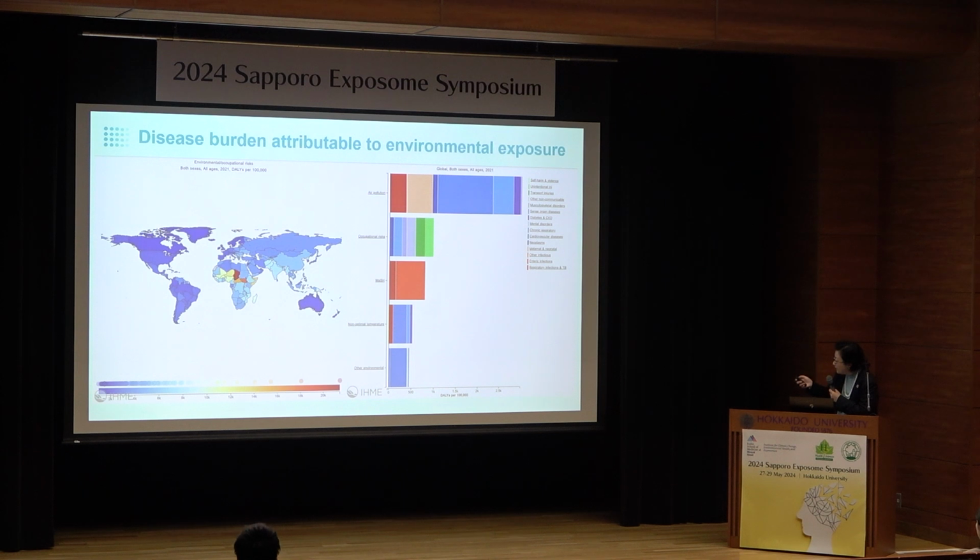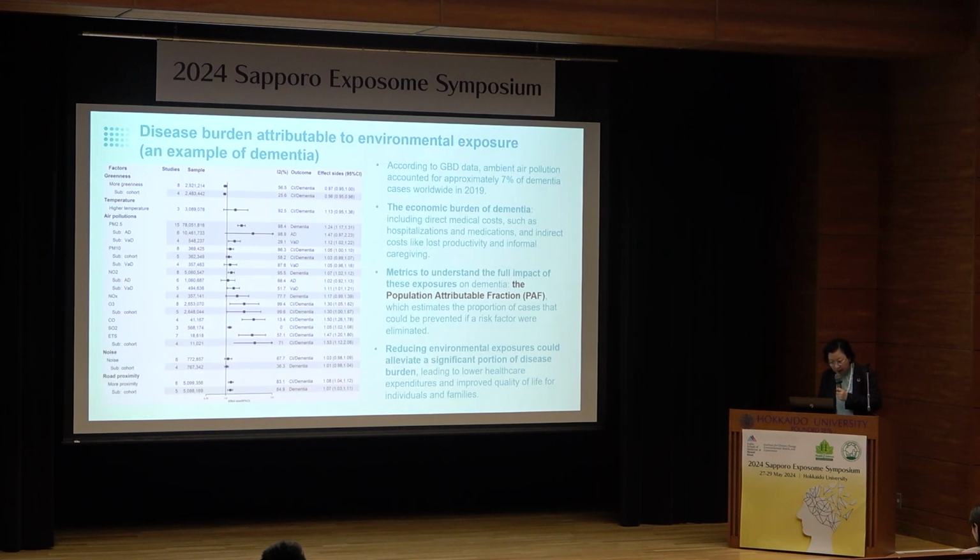So air pollution really contributes to a variety of these diseases, and then the overall disease burden attributable to air pollution, and also the other major environmental exposures. So it just visualizes the overall disease burden, the health impact.